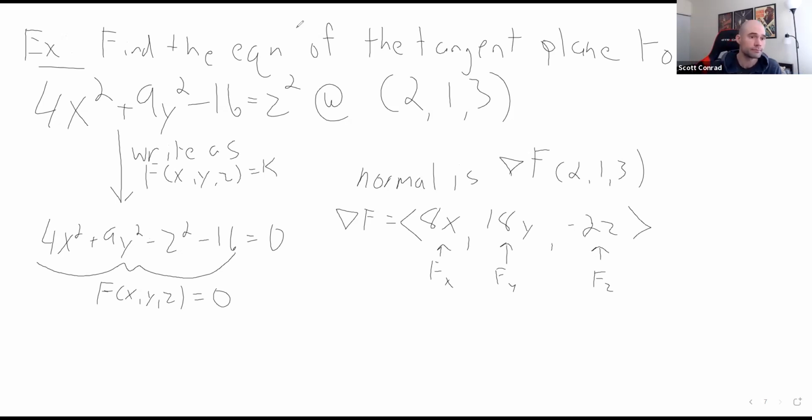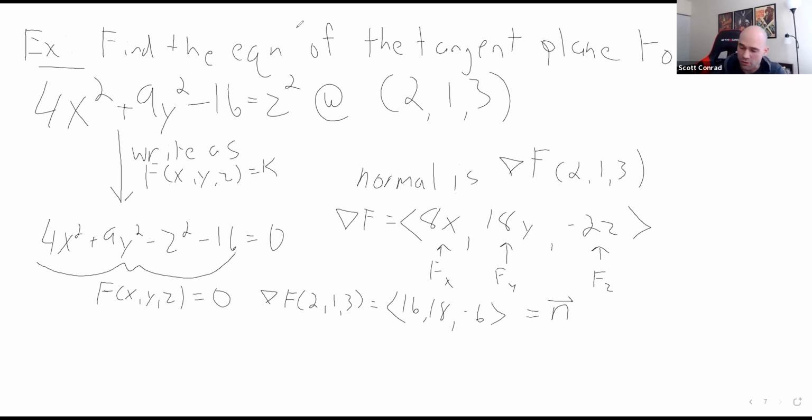That's the gradient of big F. So then our normal vector is going to be the gradient of big F at the point 2, 1, 3. So plugging in x equals 2, y equals 1, z equals 3, we get 8 times 2, which is 16. 18 times 1, which is 18. And then 3 times negative 2, which is negative 6. And so that's our normal vector.